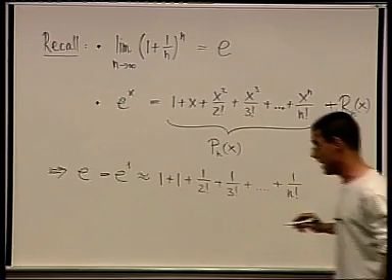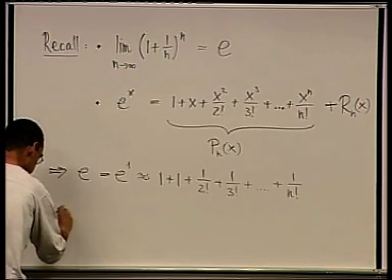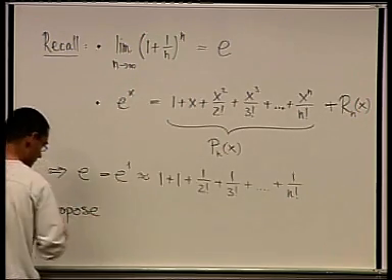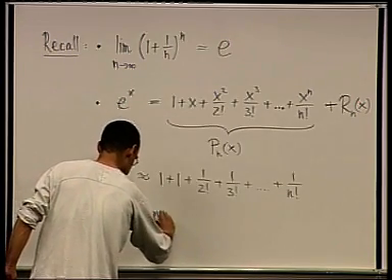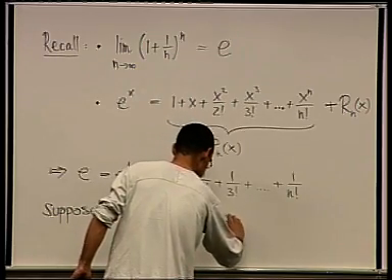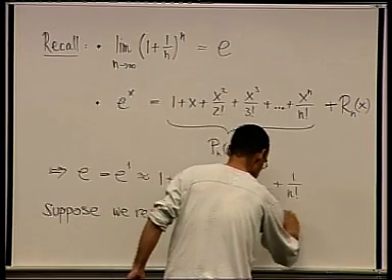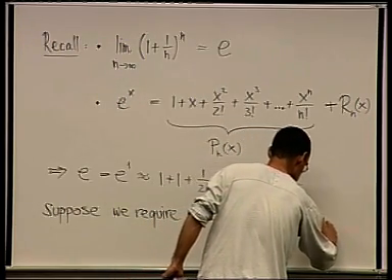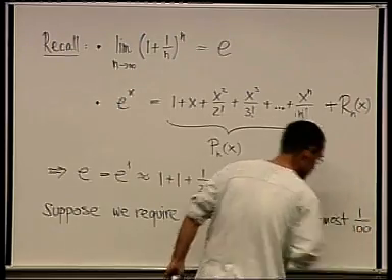Okay, so let's write that. Suppose we require the error to be at most 1 over 100.